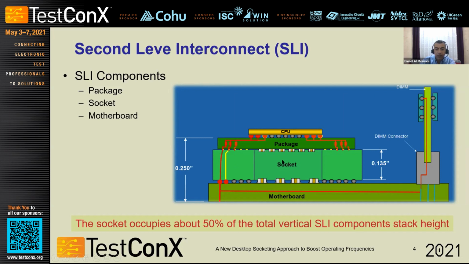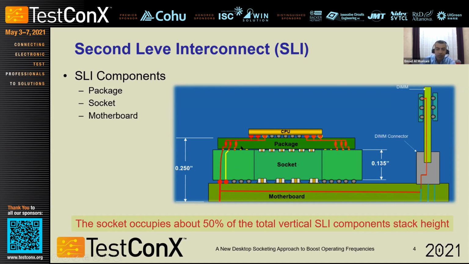The signal path, at a very high level, goes from the silicon through the package traces and vias, all the way through the socket pin to the motherboard, and keeps going to the DDR, or the DIMM card and the memory packages, through the DIMM connector.